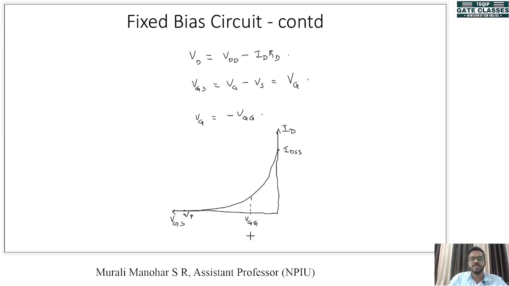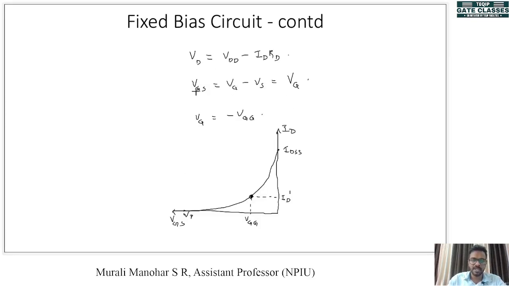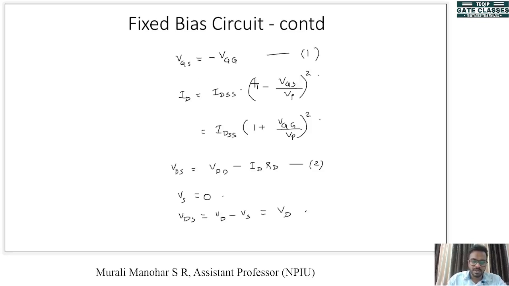If the value of VGS is equal to VGG, we will get a fixed current for ID. That is why this is called fixed bias circuit. Now ID is fixed at this point. Okay. In this biasing, finding out the solution for this, that is finding out ID, VDS, VD, VG, VGS, everything is easy because VGS is simply equal to minus VGG. Okay.